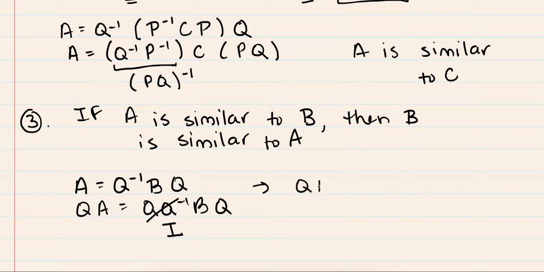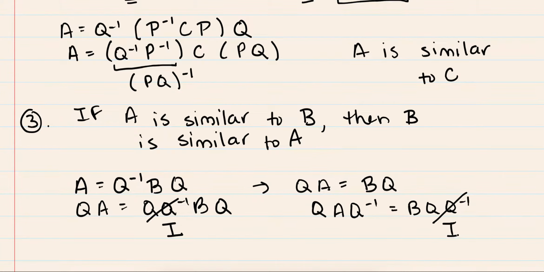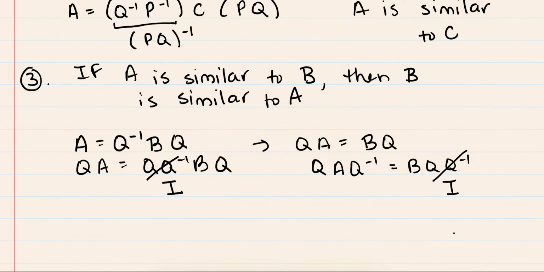So we get QA is the identity times B, which is just B times Q. But now I can multiply on the right side by Q inverse. And that's the identity matrix. So now I have that Q A Q inverse is B.